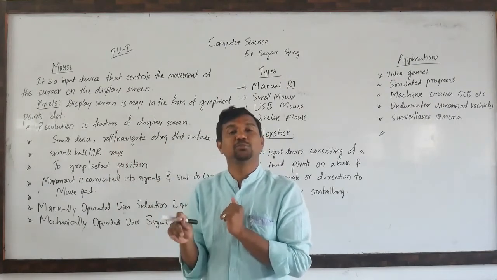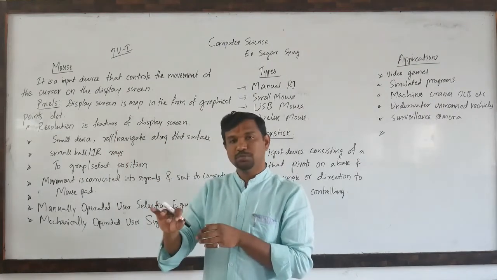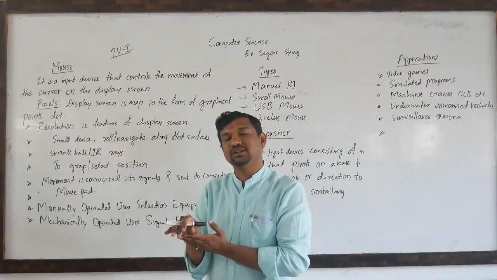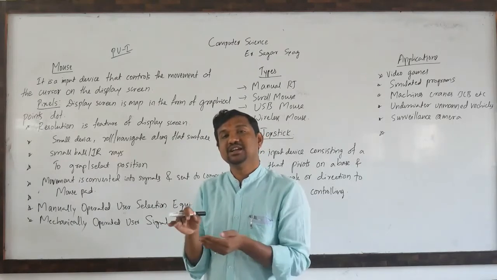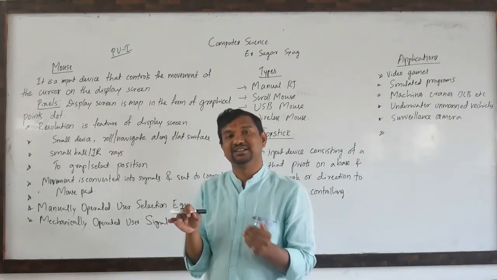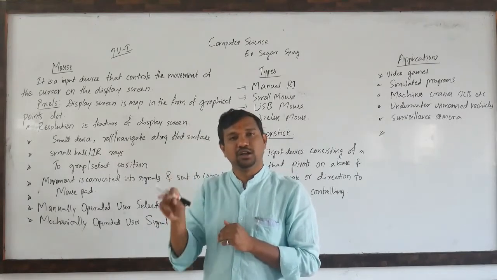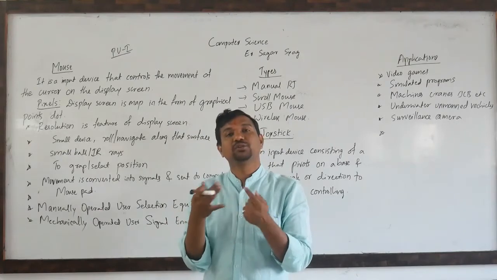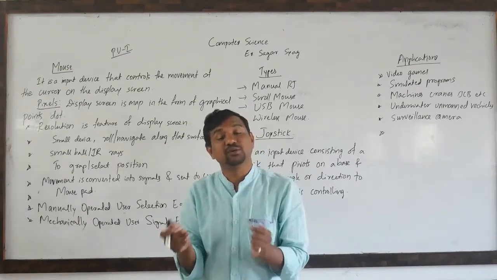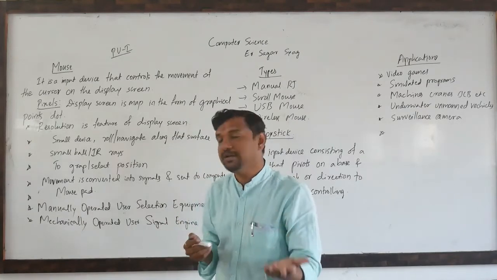After that they came with IR rays. Below the mouse we have some lights, laser lights, IR lights. Through them we take the positions and deal with the movements of the cursor.